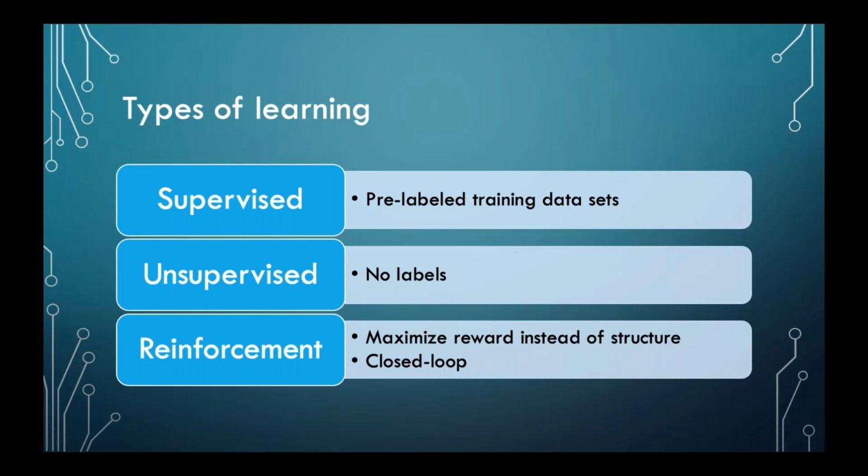Then we have reinforcement, which is more of a closed loop where we maximize the reward structure. So sort of like you penalize or reward based on the output, whether it's right or incorrect.